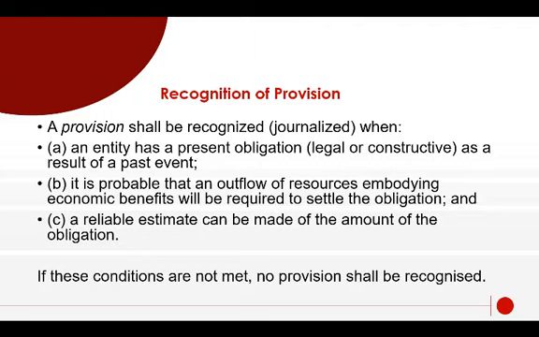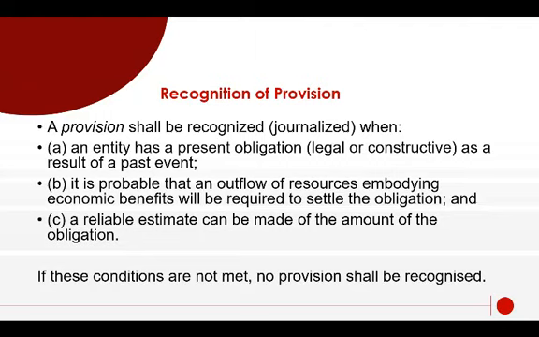When you say reliable estimate, it doesn't mean that there is an exact, accurate amount that you need to settle. As long as the estimate is reliable, then the amount that we estimated will be used to record the provision.